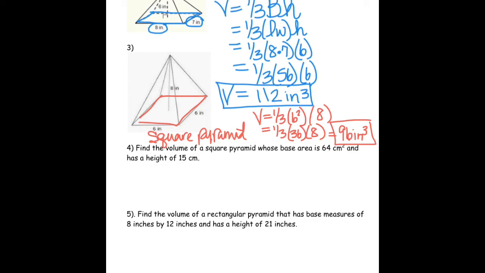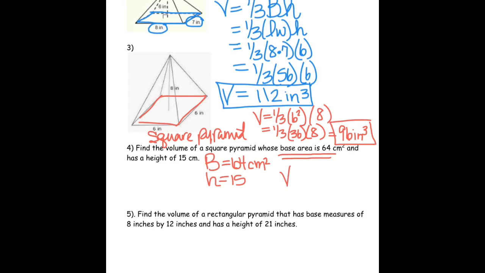All right, we have a couple more examples. Find the volume of a square pyramid whose base area, that means capital B, is 64 centimeters squared, and the height is 15.